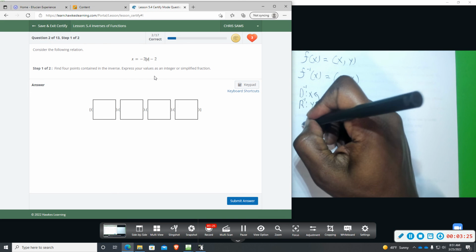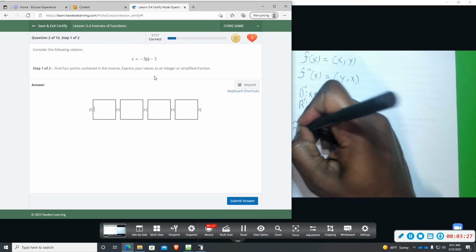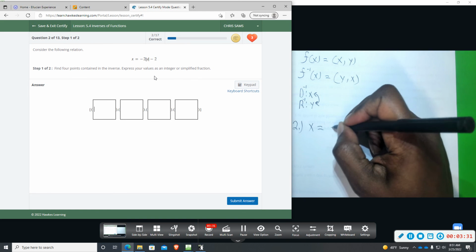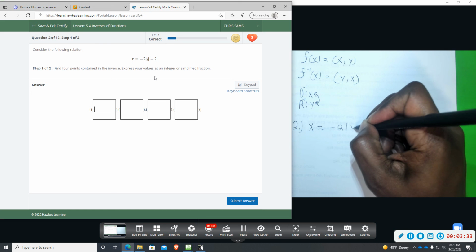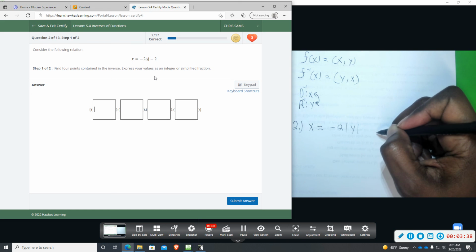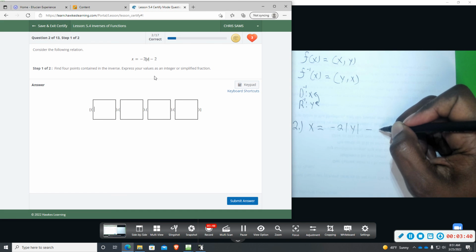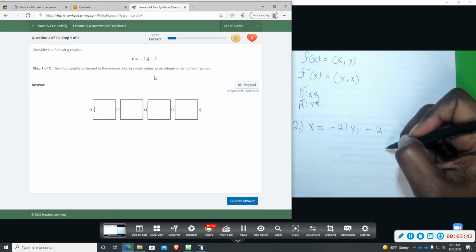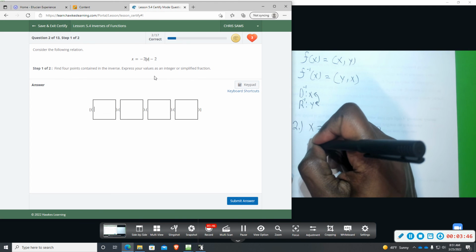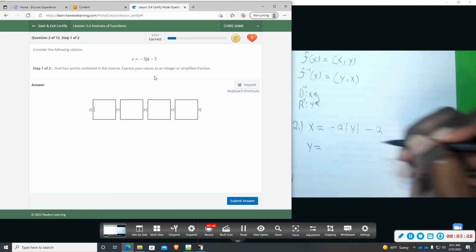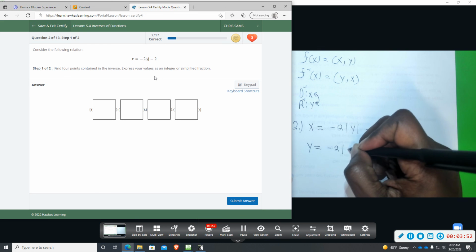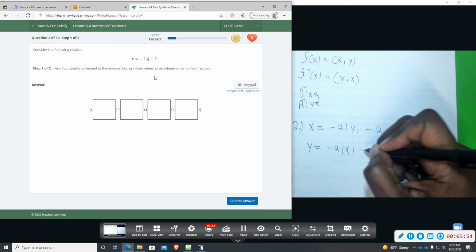So right now you have this equation: x equals negative 2 absolute value of y, minus 2. We're going to change the position of x and y. So this is going to become y equals negative 2 absolute value of x minus 2.